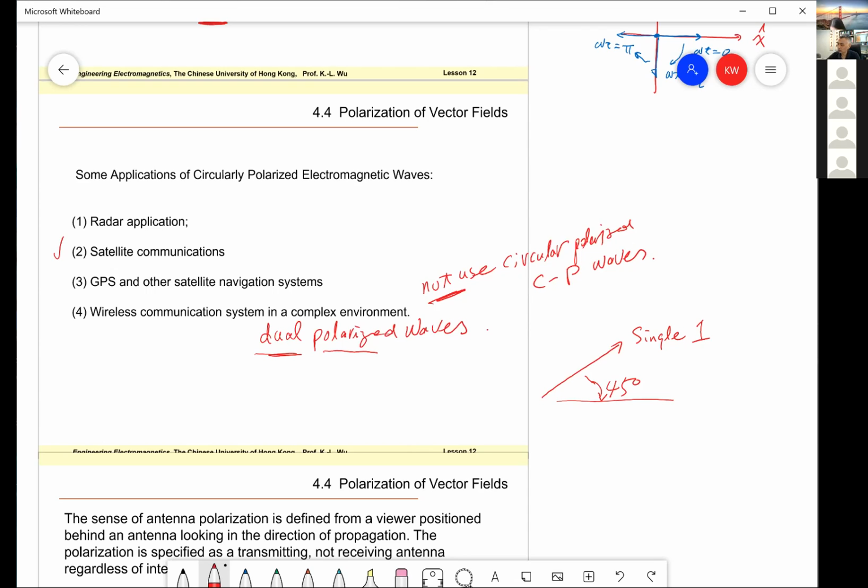Or signal A at omega. Then I have another perpendicular wave.